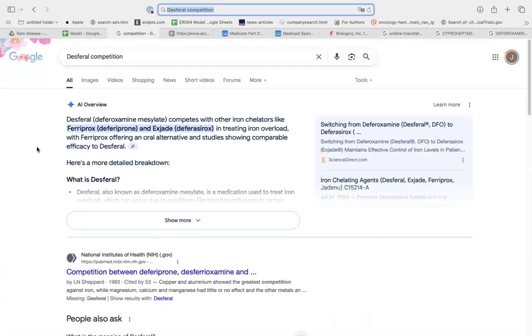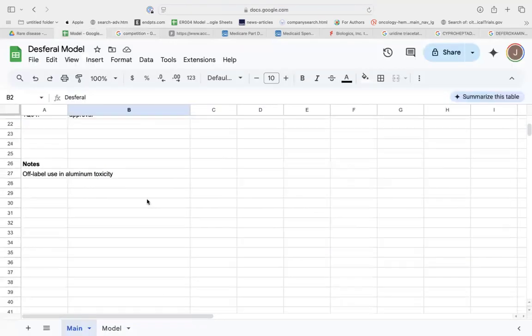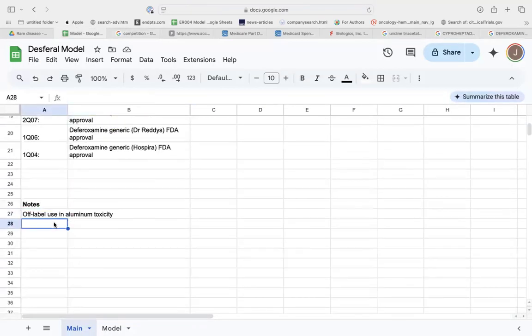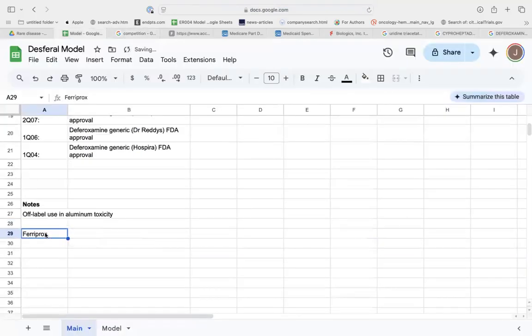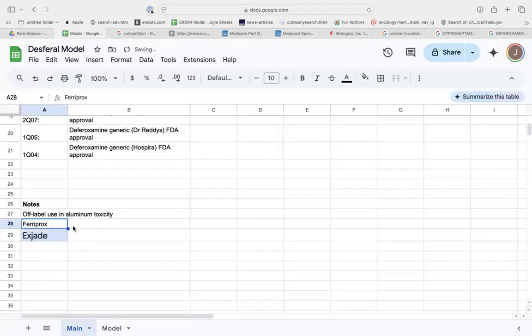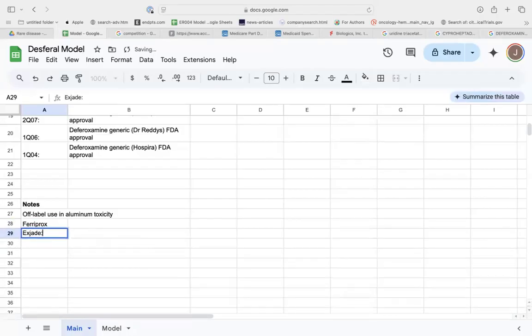If you understand the rationale behind why they're making drugs like Ferriprox and Exjade, you can apply that to your own drug development ideas. Obviously someone's putting in the money to make better or competitive drugs, and you want to know why. So let's look at Ferriprox. Let's look at Exjade.